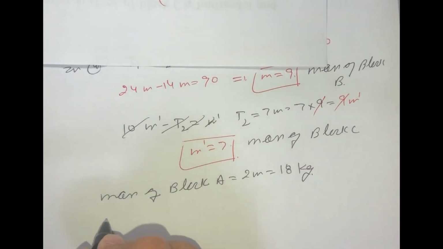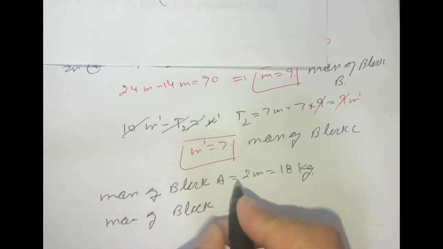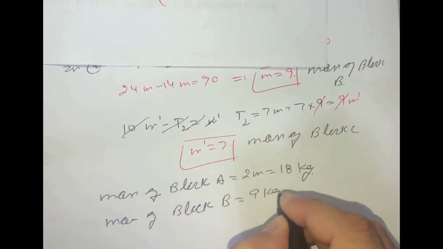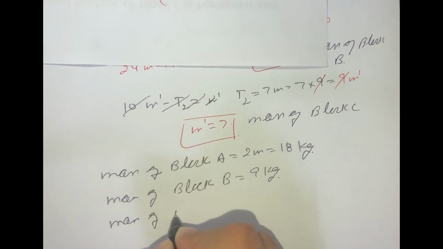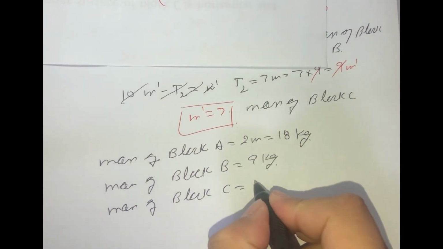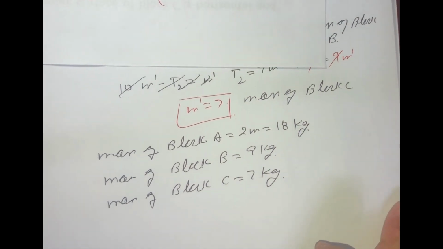Okay, let me write it here. Mass of block B is our 9 kg, and mass of block C is our 7 kg. This completes the question. Thank you.